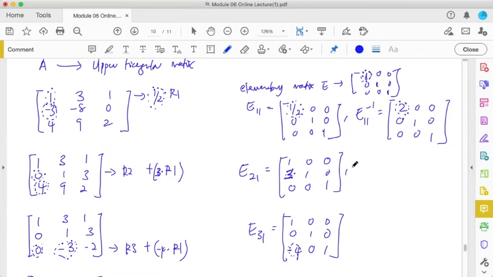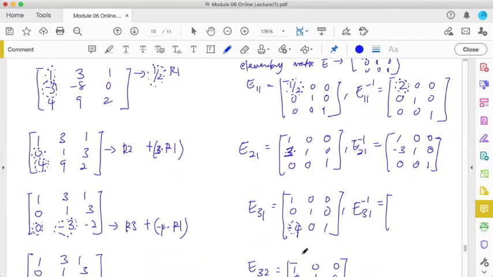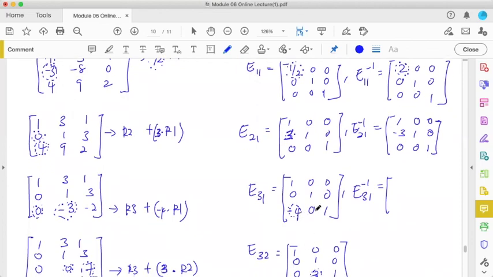We do that for the rest of the elementary matrices. For E21, the 3 will change to become negative 3. The rest of the coefficients will remain the same. And for E31, if we take the inverse, what changes is this negative 4, which will become 4.